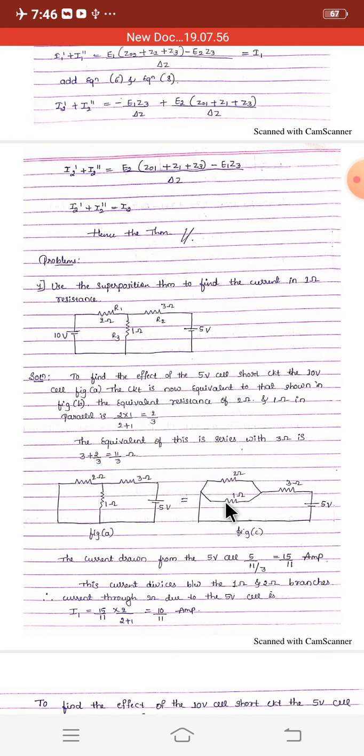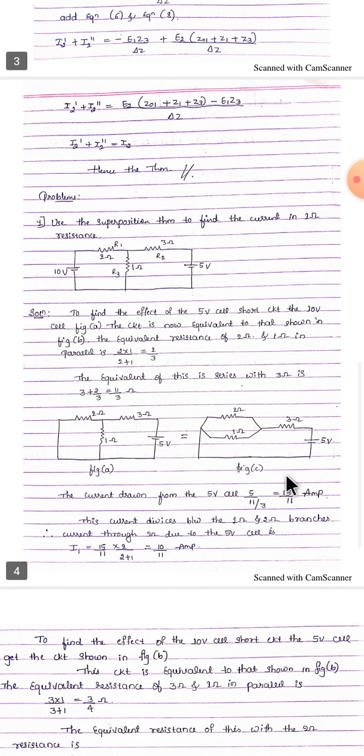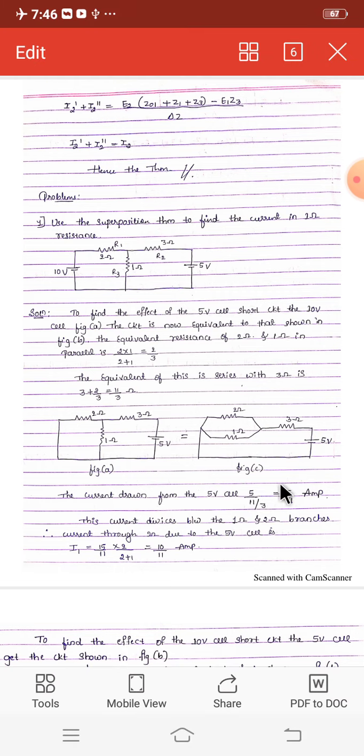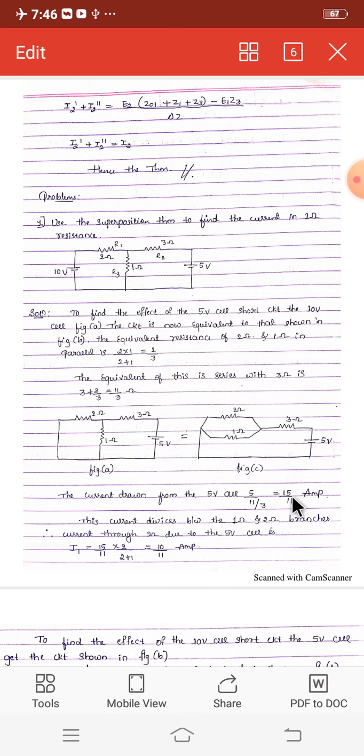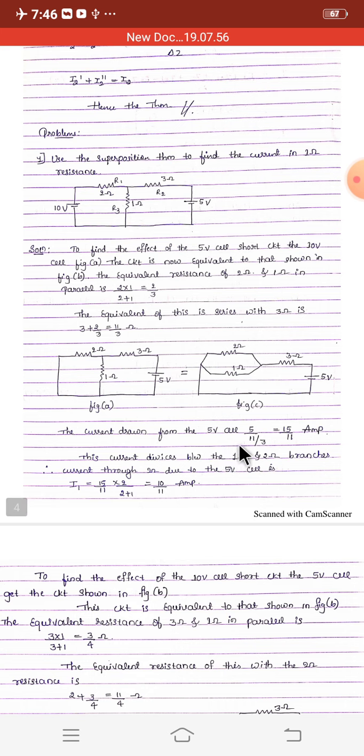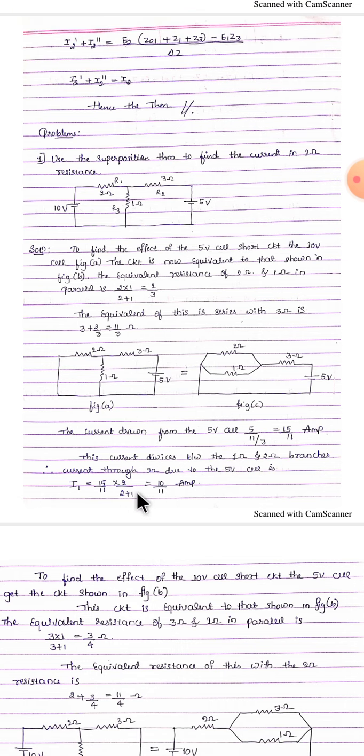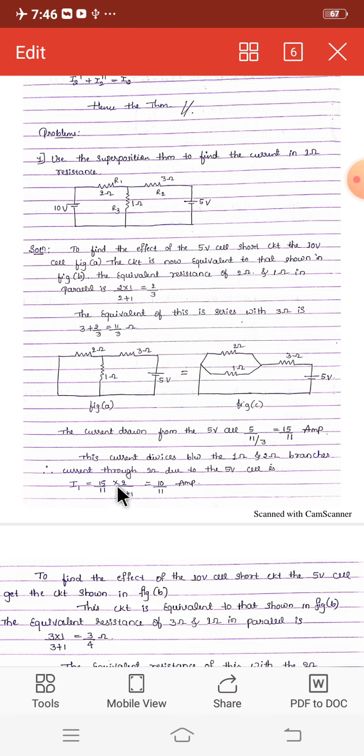So I equal to E divided by R. Already R we know, and E is 5 volt, so 15 by 11. We want I1, so E into the current flowing in this parallel resistance, that is 2 divided by 2 plus 1, giving 10 by 11.